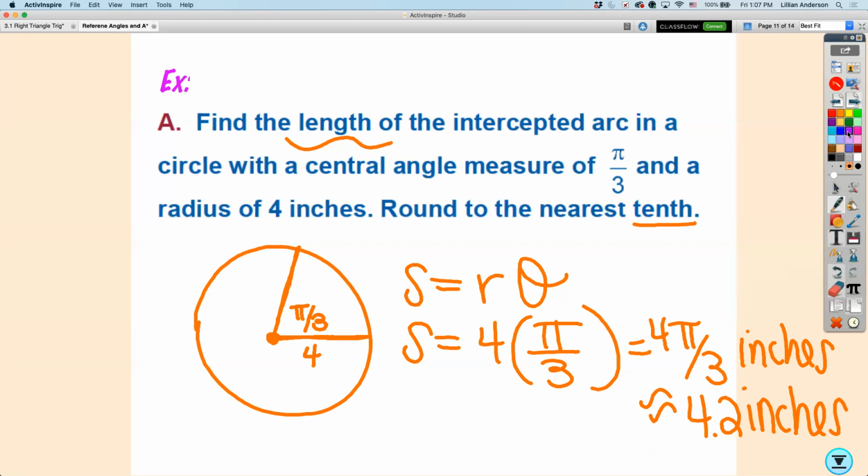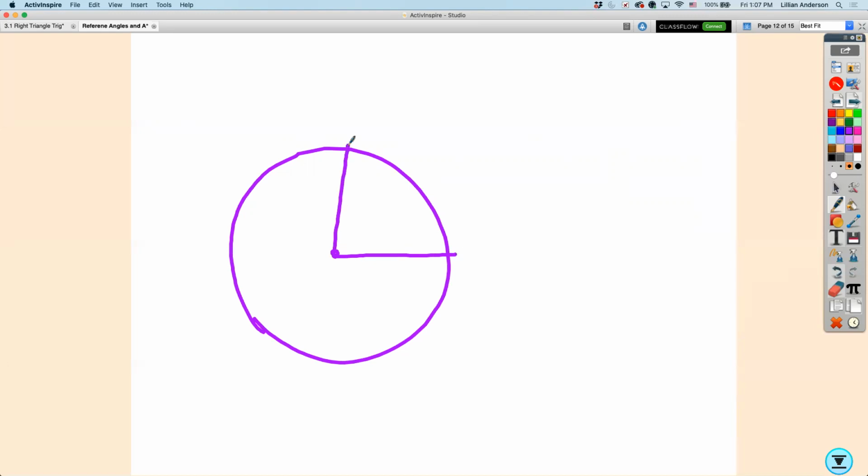Now let's say I gave you a problem where the radius was 5, and the angle was 80 degrees. 80 degrees does not represent the length of the arc.